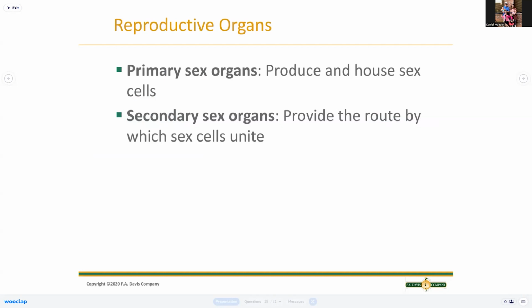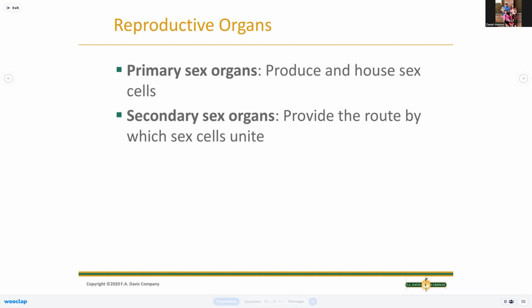All right. They produce sex cells, also called gametes. Sex cells include in males what? Swimmers, sperm. Okay. And eggs or ova in females. That's what we're talking about still under the category of primary sex organs, what they produce. Secondary sex organs encompass all other organs that are necessary for reproduction.